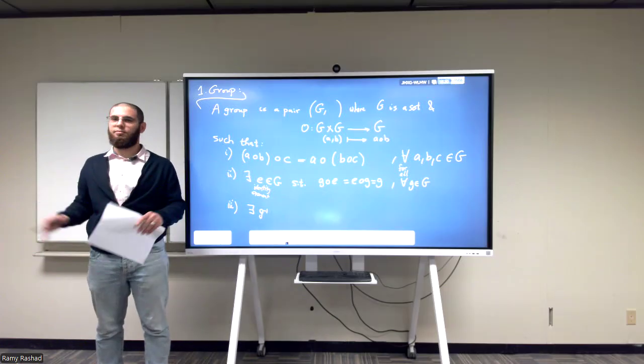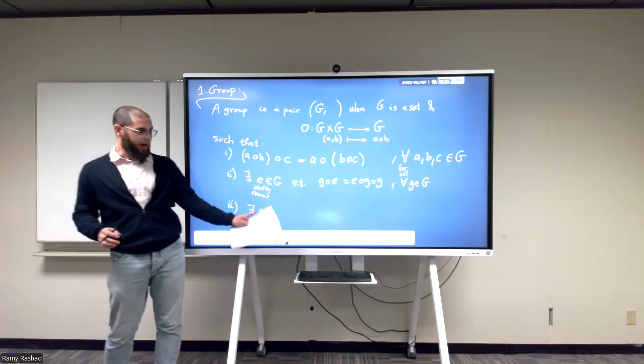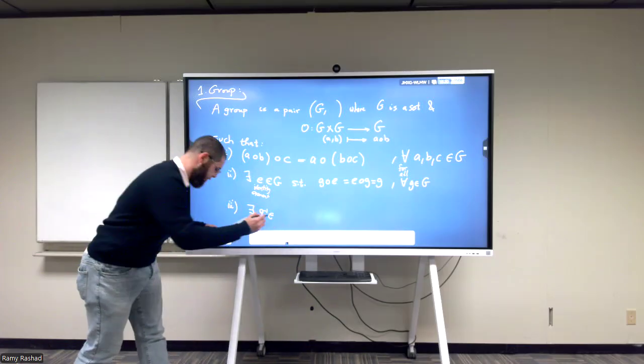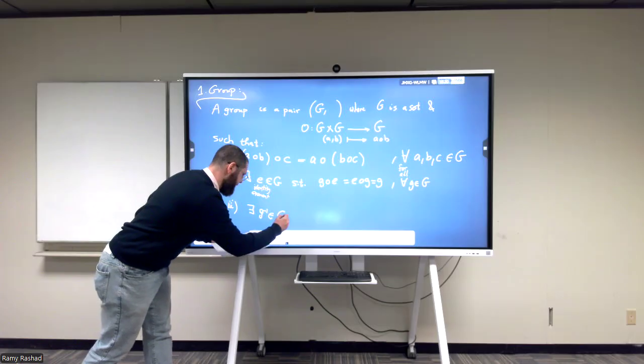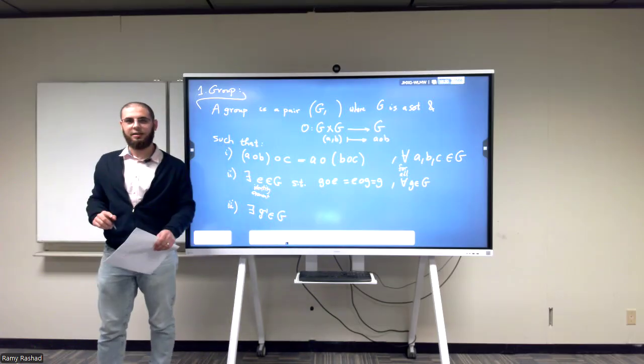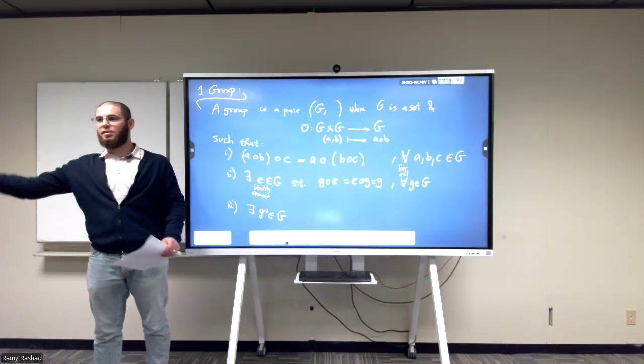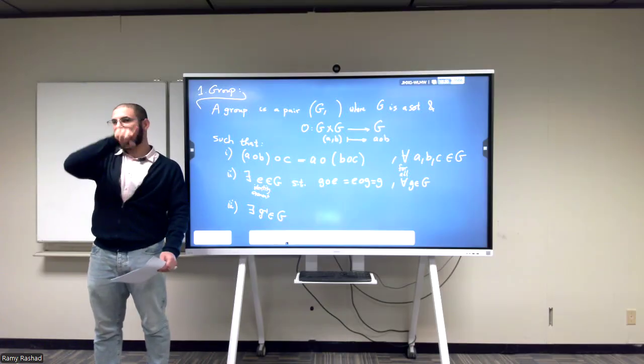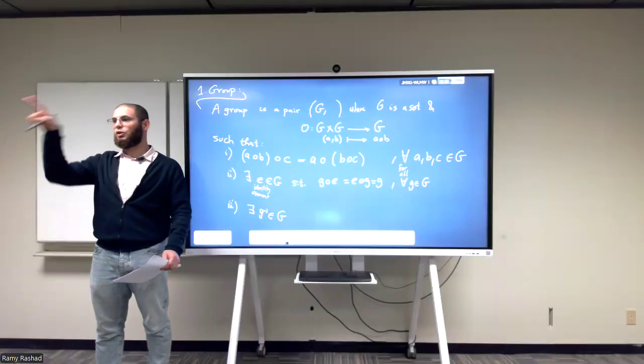It's just a symbol. You write it with the G to say that there exists some G inverse that lives in G. It has nothing to do with what you said. You were talking about a map.